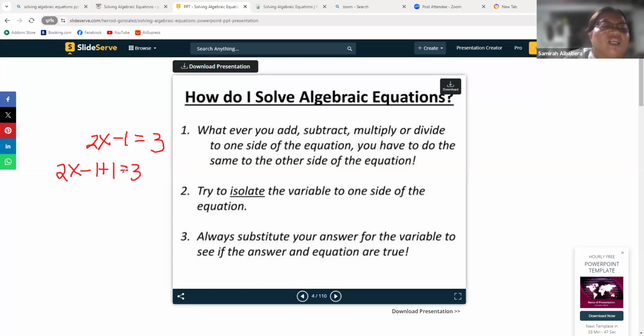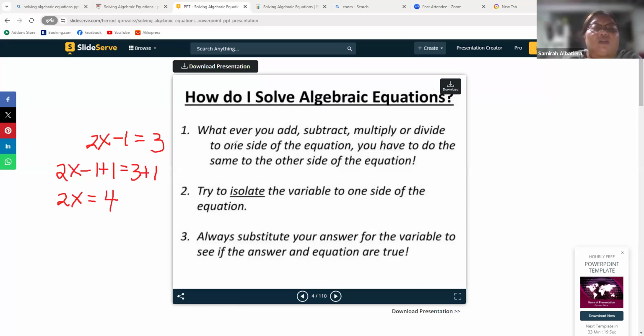Since we added 1 to the left side, make sure that we will also add 1 to the right side. So -1 and 1 will give us 0. We will no longer write the 0, but we will proceed with the right side. So 3 plus 1 would give us 4.